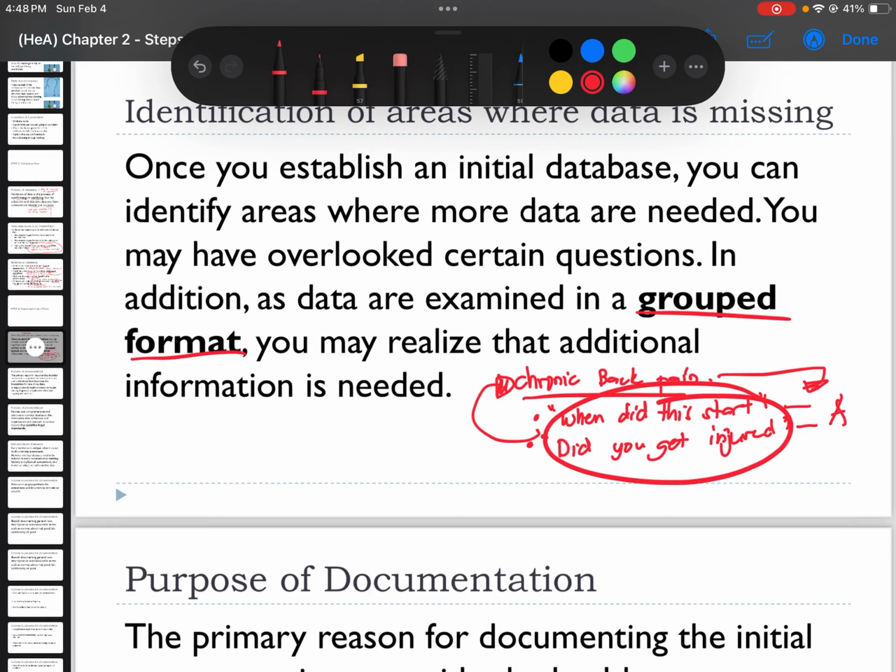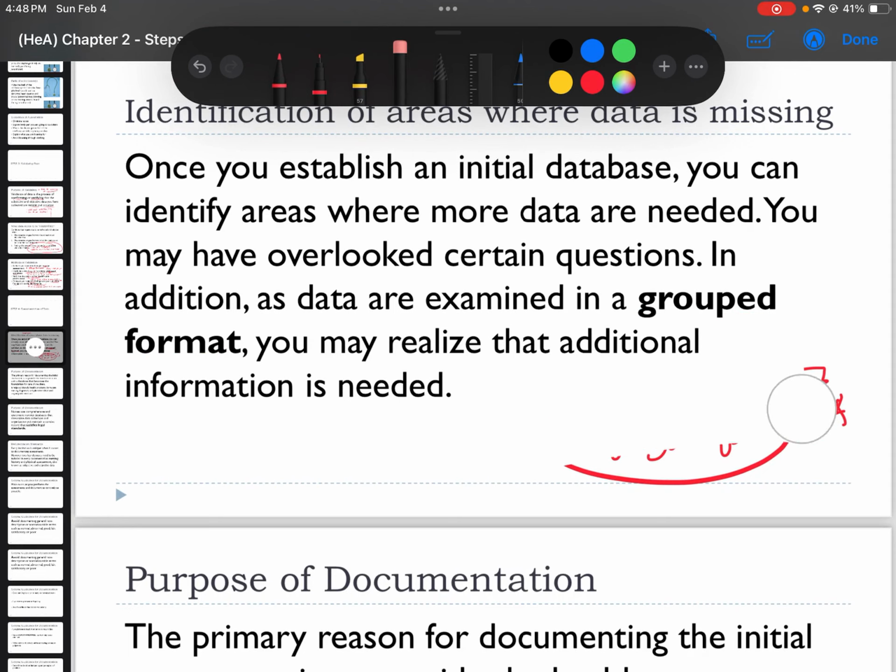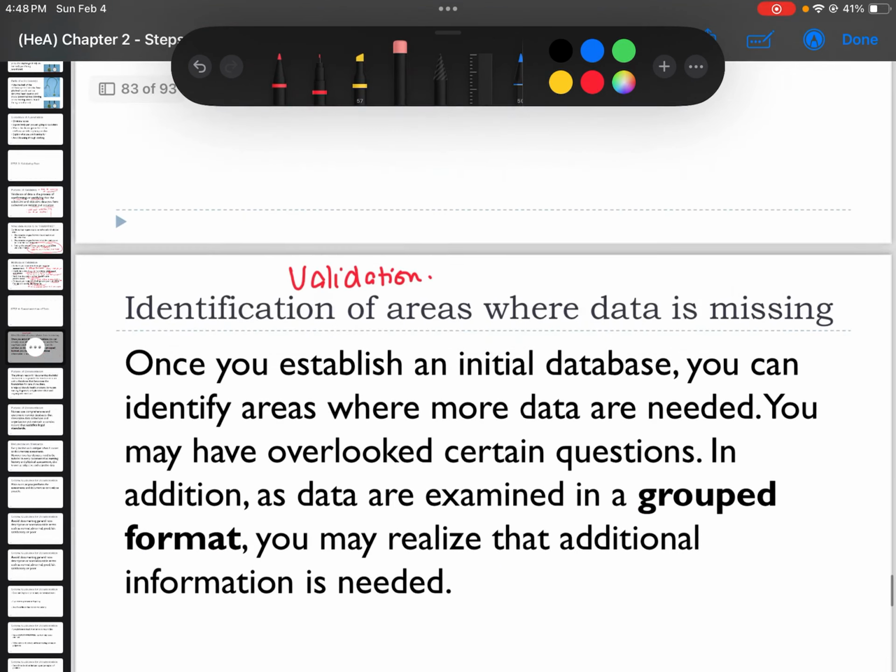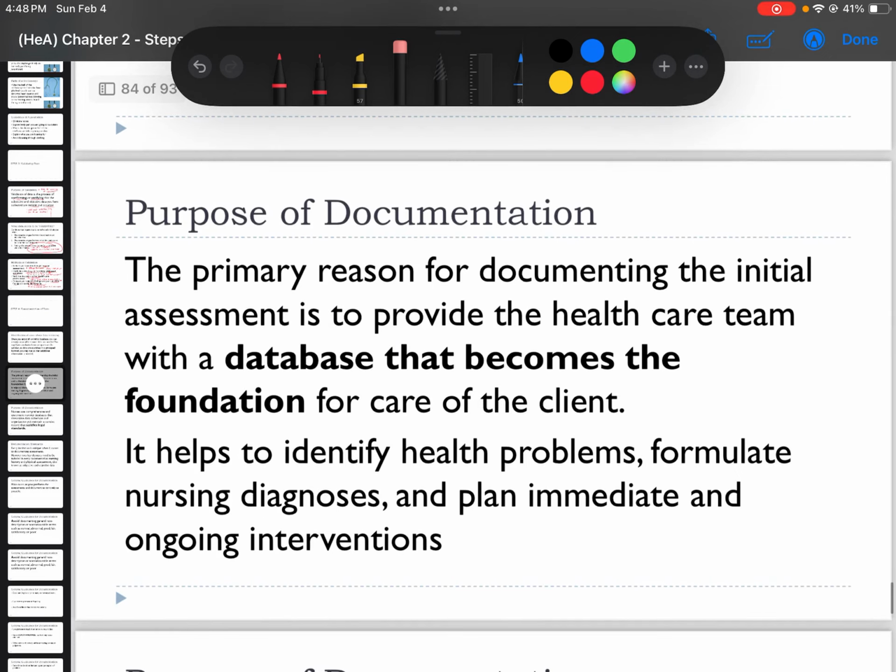Now, let us proceed to documentation of data. The purpose of documentation, class. The primary reason for documenting the initial assessment is to provide the healthcare team with a database, no?